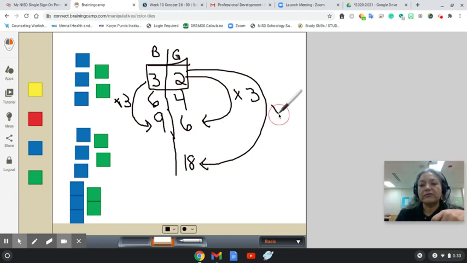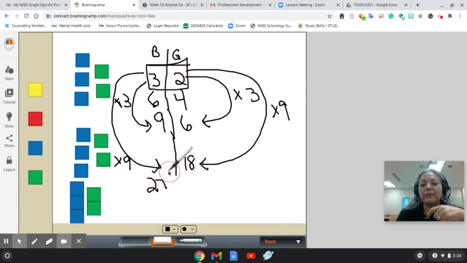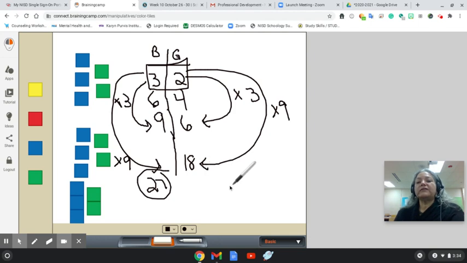My scale factor is going to be times 9. So that means 3 times 9 will give me my answer. So 3 times 9 is 27. So that means I'm going to have 27 blue squares if I have 18 green squares. So we did a prediction using scale factor.